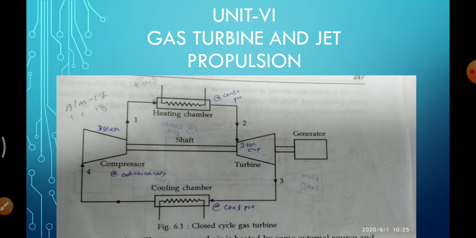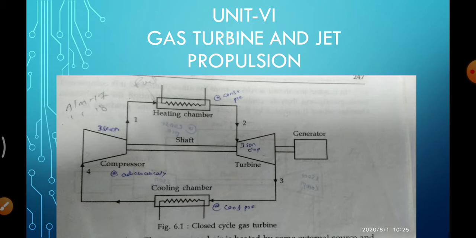So what is meant by gas turbine? It is a device which produces power by using some external source, it may be steam or gas. By using gas or steam, we produce the power in that device, which is called a gas turbine.